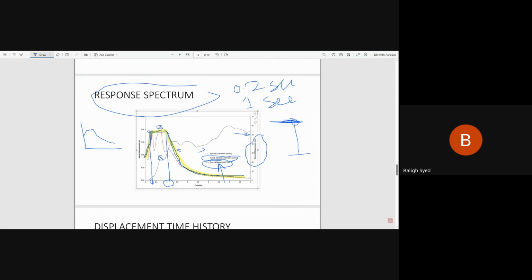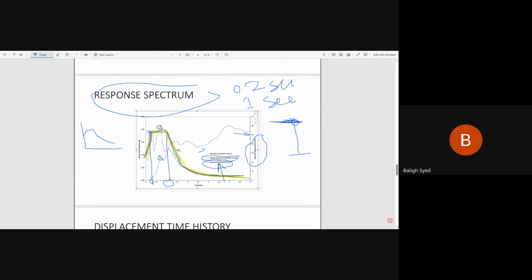Because at 0.2 second, what happens? We get the highest elastic base shear of the structure. 0.2 second is the highest, because here is the maximum spectral acceleration on the pseudo curve, what we call the elastic response spectrum curve, right? And why 1 second?